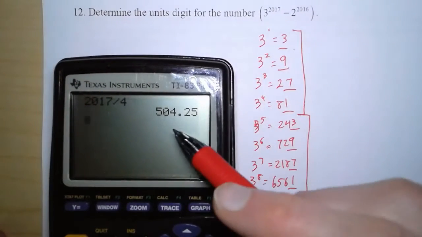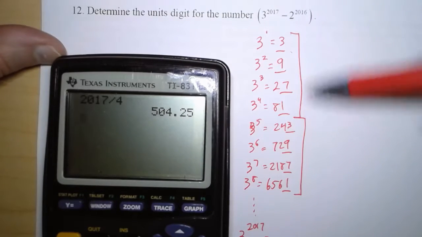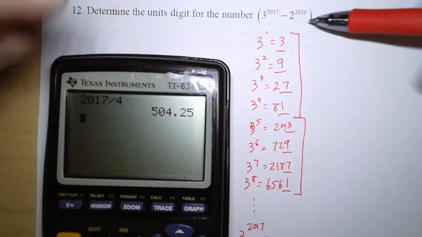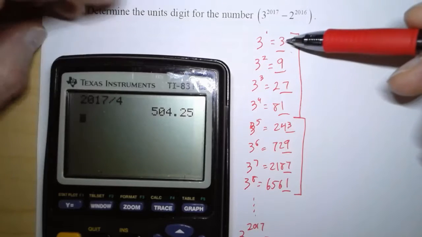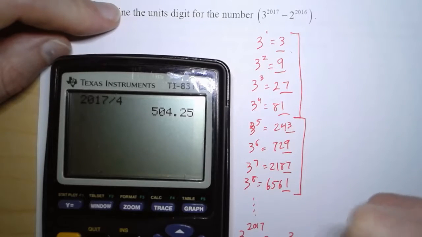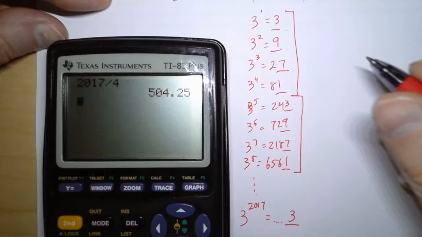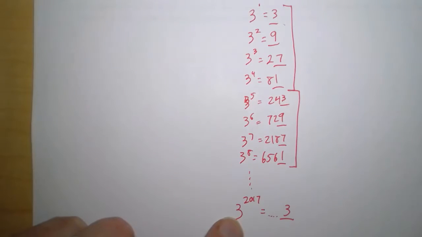And when I do that, I get 504.25. So it's going to go through this cycle 504 times. And what about the 0.25? That's like a remainder of 1. So that means we're going to end up with a units digit of 3 here. So that's what the units digit is going to be for that number.